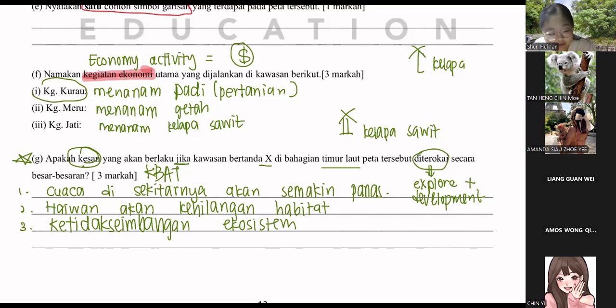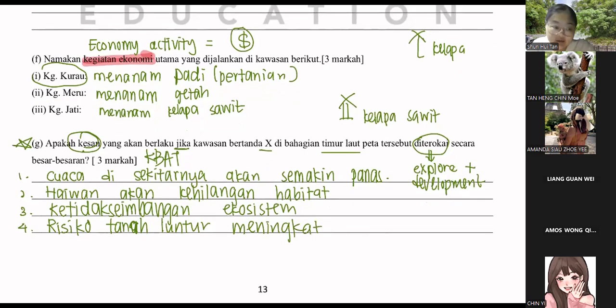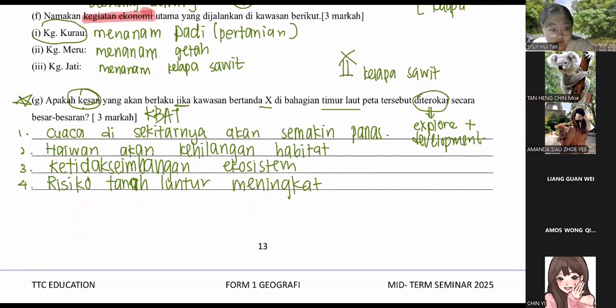And also, you might also say, diterokai, right? Risiko tanah runtuh meningkat. Landslide is gonna happen. Now, other than that, you can also have other answers.